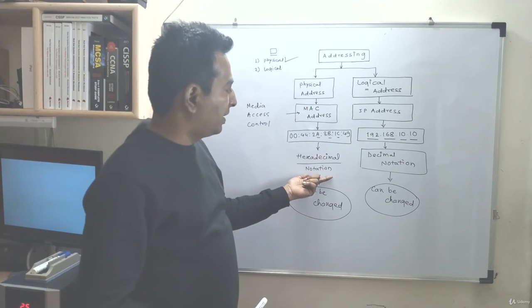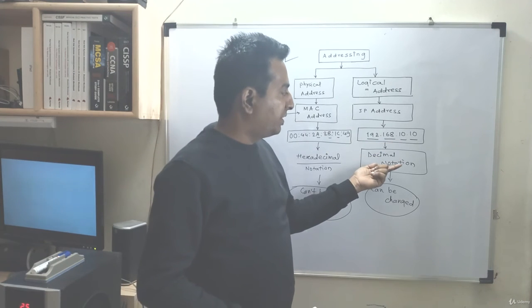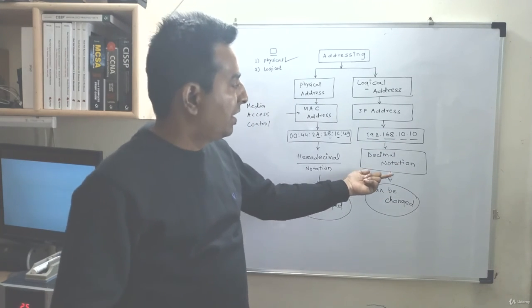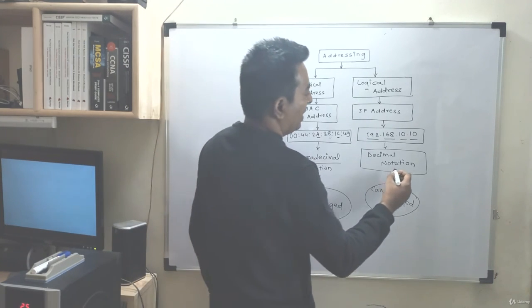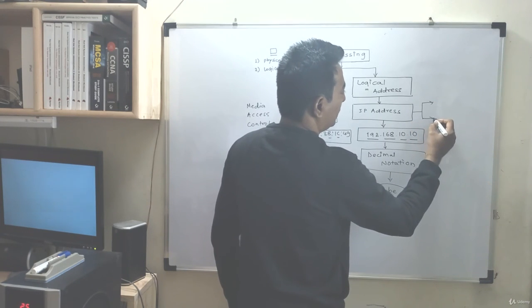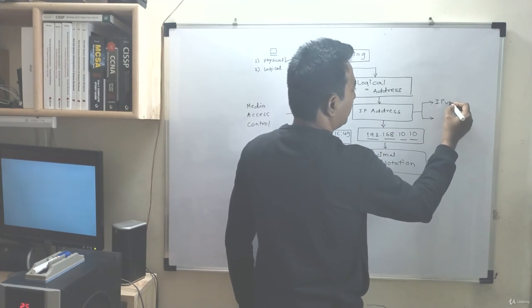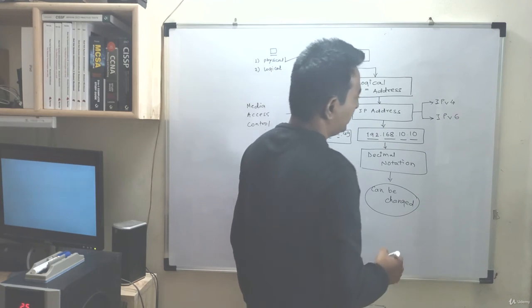MAC address is represented in hexadecimal notation, IP address is mentioned using decimal notation. IP address has two versions, IP version 4 and IP version 6.